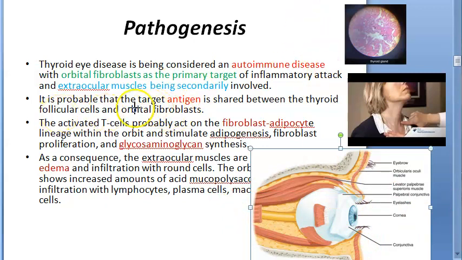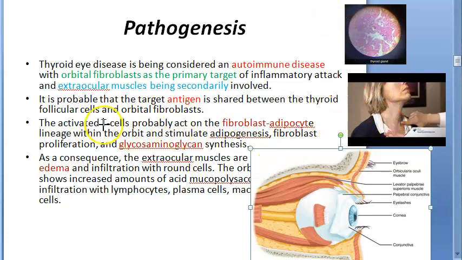They are saying it is probable that the antigen is shared between the thyroid follicles and the orbital fibroblasts. So they are thinking that there is something common between the eye and the thyroid, and there is some antibody which is attacking the thyroid and the eye.